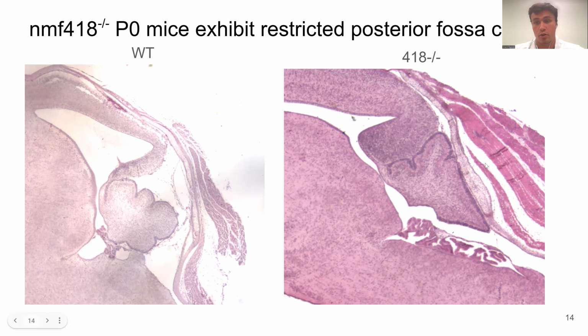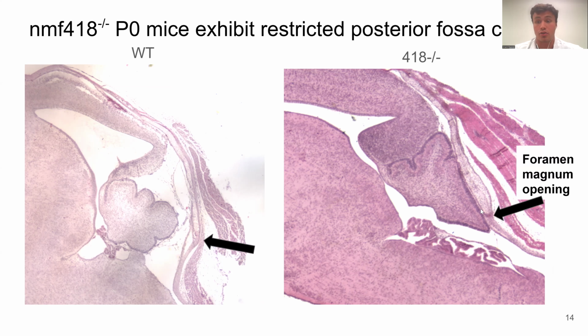Although in the 418 homozygous mutants, we see that there is very, very little space, if none, between the cerebellum and the posterior fossa. And we, in fact, see that there is herniation of the cerebellum into the foramen or past the foramen magnum in the 418 homozygous mutants, as is by definition Chiari malformation.